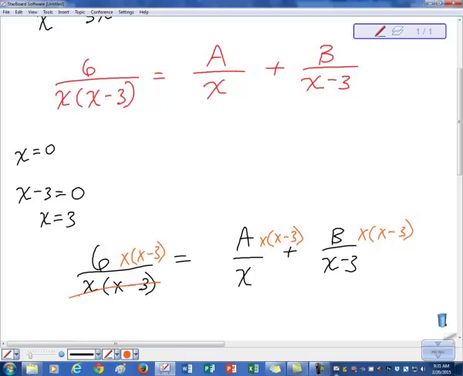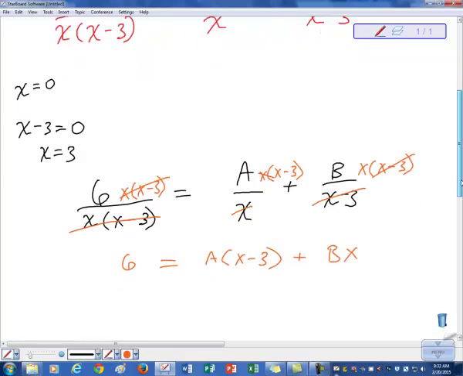Here the x times x minus 3 all cancel out, and so we just get 6 on the left side. And here the x's cancel out, and so we get A times parentheses x minus 3, plus, and here the x minus 3's cancel, and we get Bx.